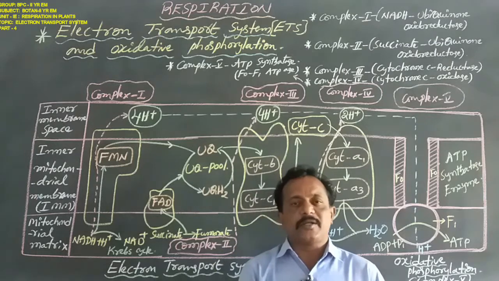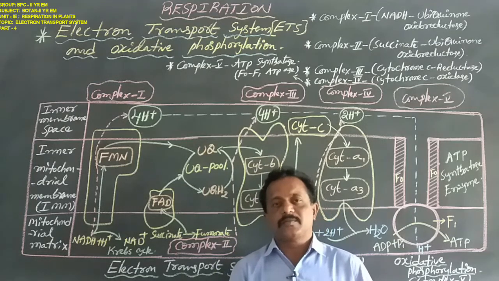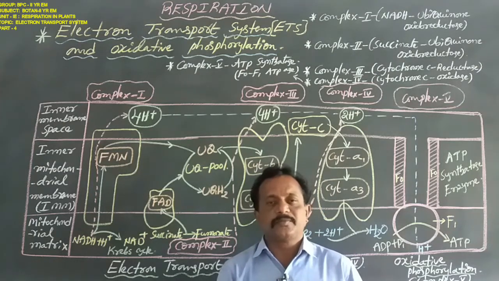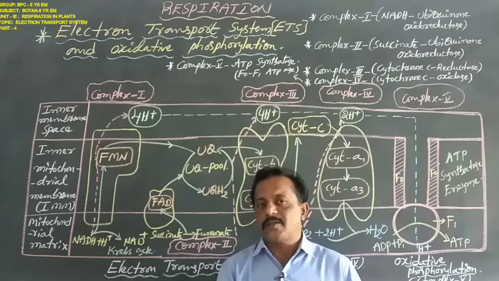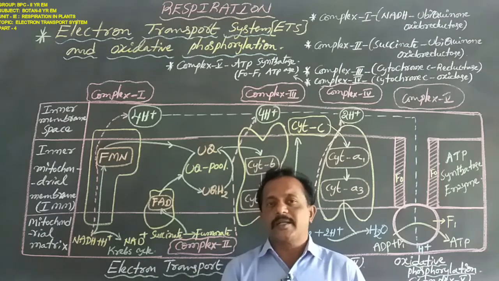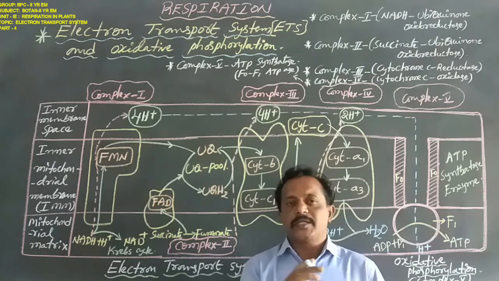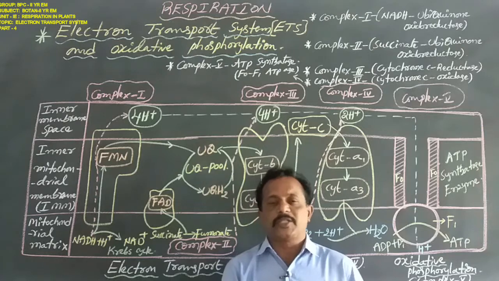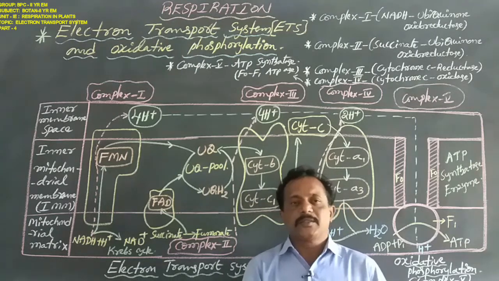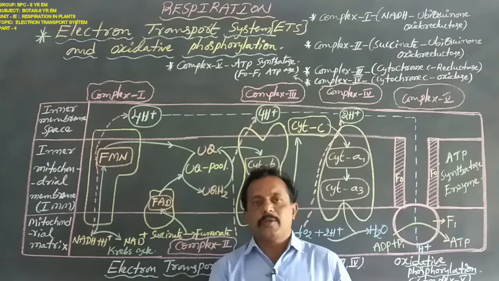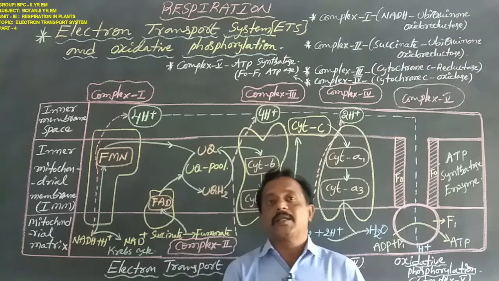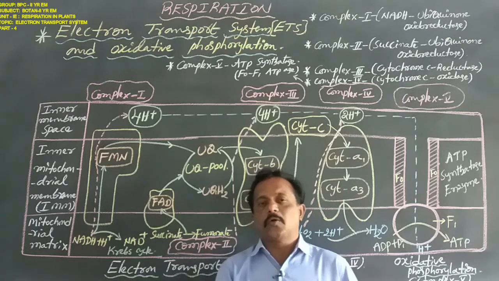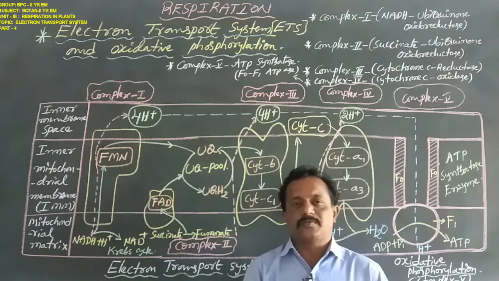In the previous class on photosynthesis, we also saw the electron transport system, that is cyclic electron transport and non-cyclic electron transport, which are cyclic photophosphorylation and non-cyclic photophosphorylation. In these two ways, electrons move from one carrier to another carrier in the chloroplast.